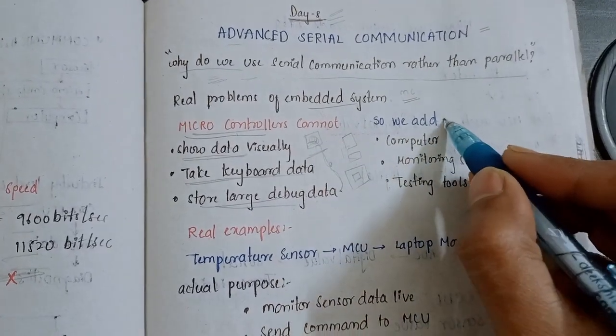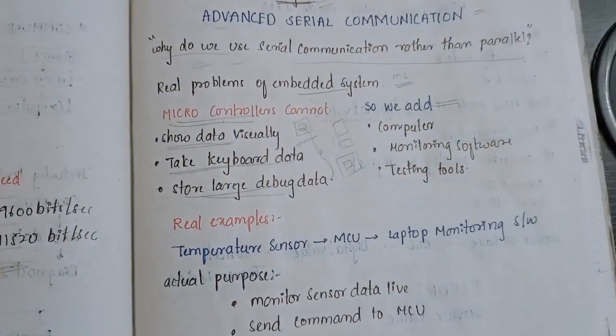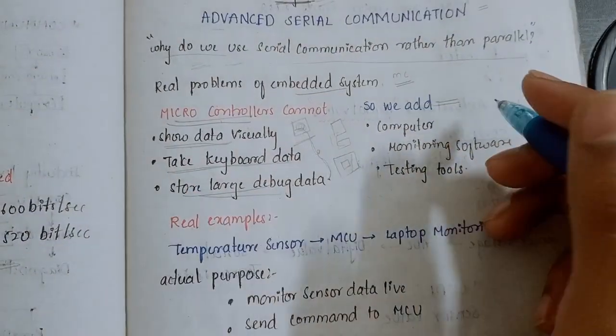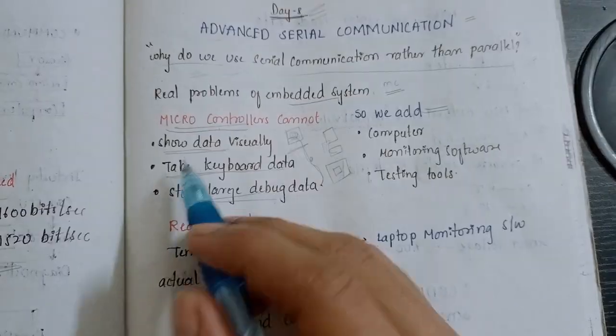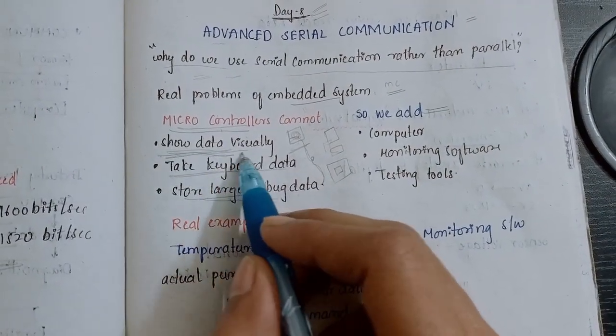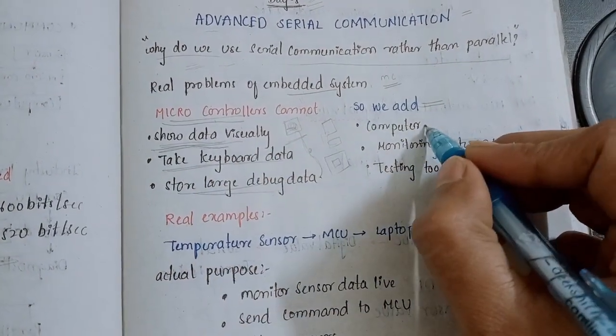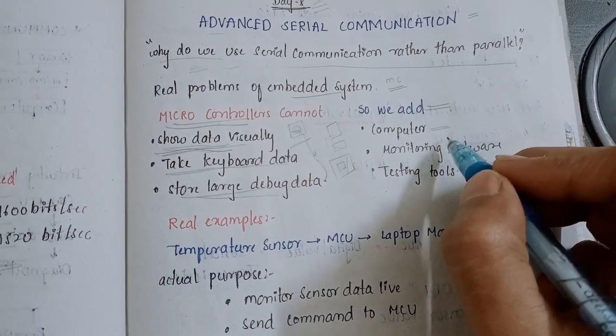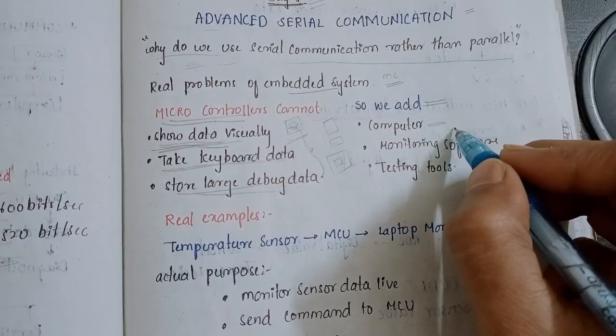These are the issues which we will face in microcontrollers. To overcome them, there are some add-ons, extensions. Since it cannot show data visually, we will be using a computer which displays the data, to change or edit.